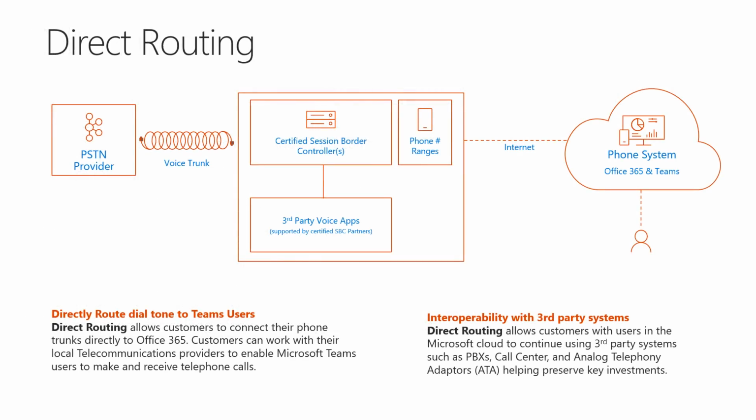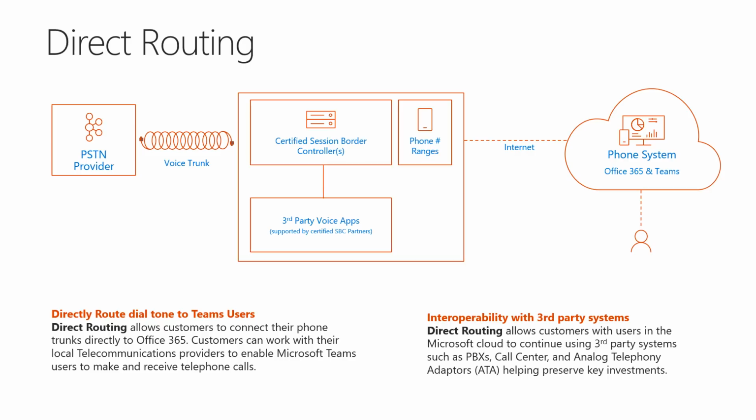A little bit more detail on direct routing. Here on the very right side, you can see the user being connected to the phone system in Office 365, and this is connected over the internet to the session border controller. The session border controller might in turn be connected to an existing PBX, or some third-party voice apps as supported by the SBC.